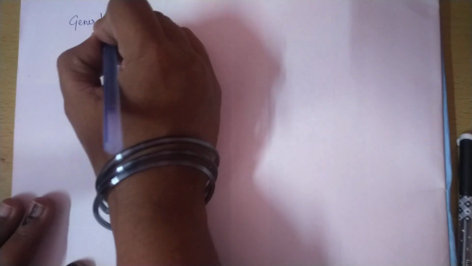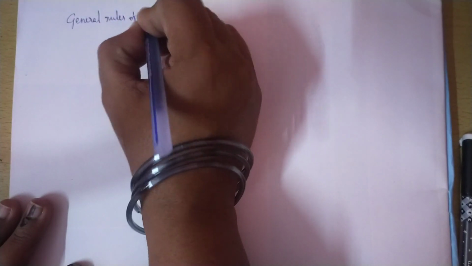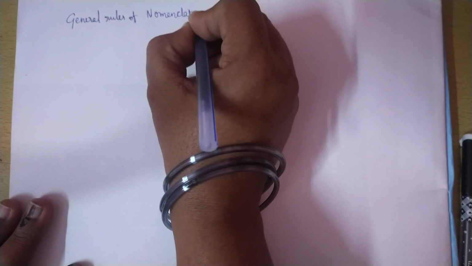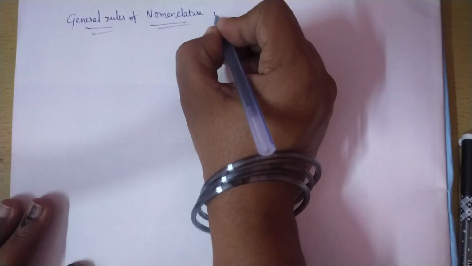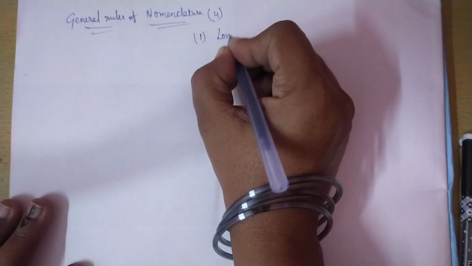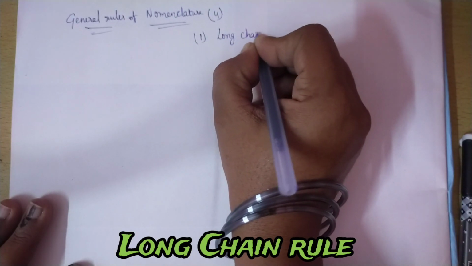General rules of nomenclature. There are 4 rules. The first one is the long chain rule.